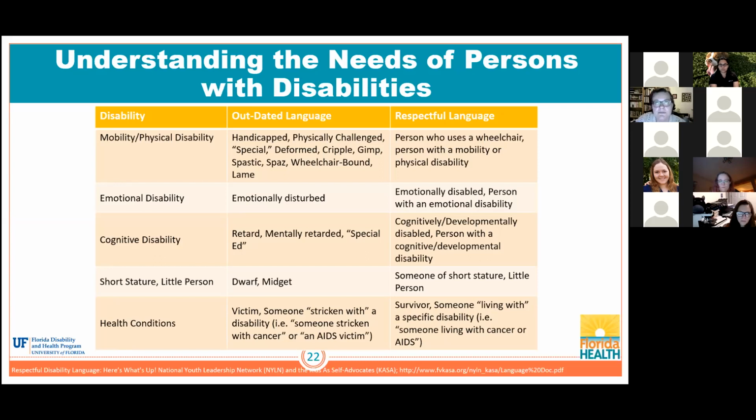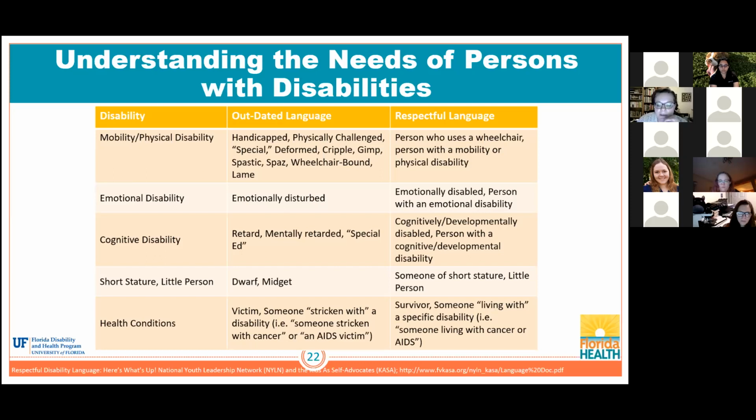Victim language is really disempowering because the use of a victim takes control from someone and places the focus on the thing that acted upon them or is acting upon them. It doesn't allow them to be the agent of their story, the hero of their story. Instead, they're just responding, they can't do anything about it, they're trapped.